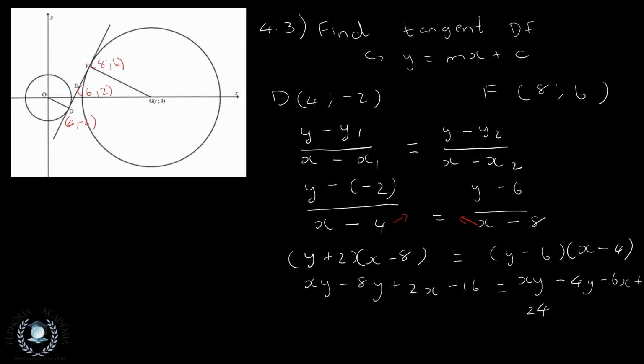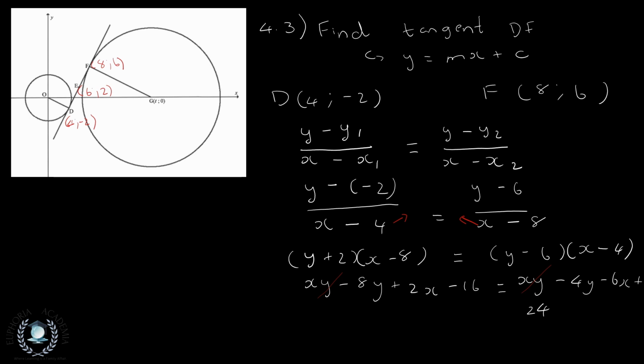Alright, so you can see that we have an xy on the left hand side, and an xy on the right hand side, so that's going to cancel, because if you bring either on one side or the other, it's going to be xy minus xy, which is 0.